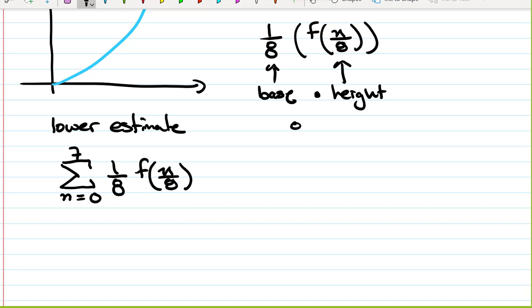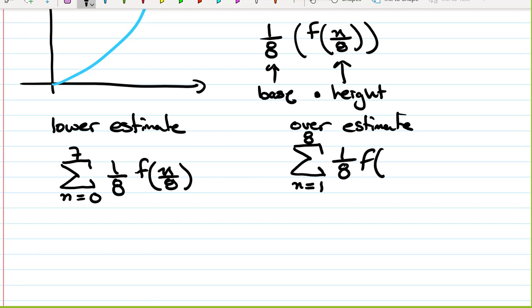And then our overestimate would be the sum, and instead of starting at n equals 0, we would start at n equals 1, and this time we would go to 8, of 1/8 times f of n divided by 8.